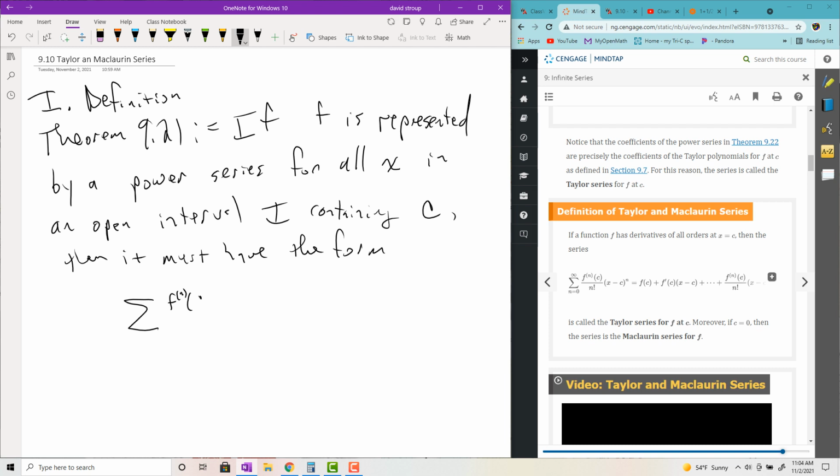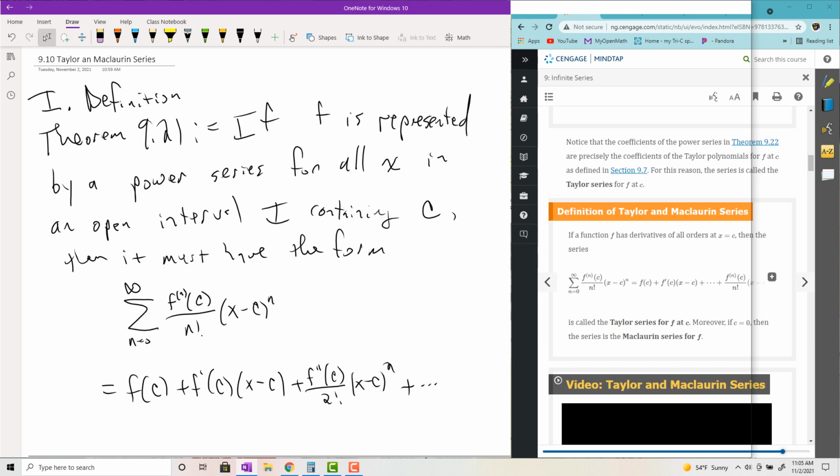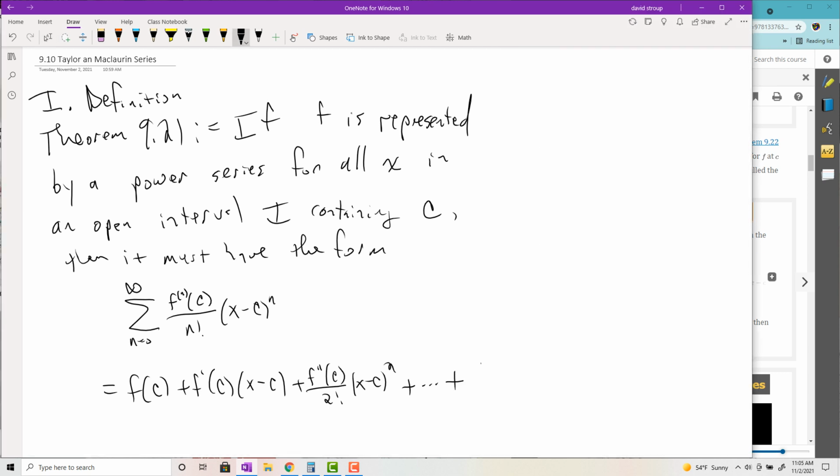the nth derivative evaluated at c all over n factorial, from n equals 0 to infinity, times x minus c to the n. And of course that equals f of c plus f prime of c times x minus c plus f double prime of c all over 2 factorial times x minus c squared plus dot dot dot plus f nth derivative evaluated at c all over n factorial times x minus c to the n plus dot dot dot.